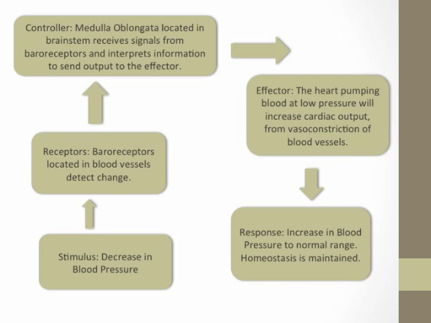If there was a stimulus that caused a decrease in blood pressure, then this causes activation of the sympathetic nervous system, resulting in increased cardiac output and vasoconstriction of vessels of both arterial and venous systems. This would therefore increase the blood pressure back up to a normal range and maintain homeostasis.